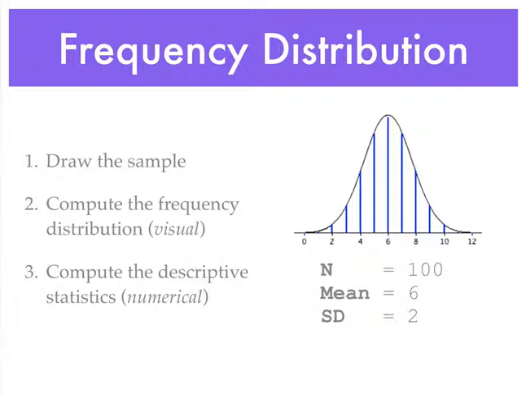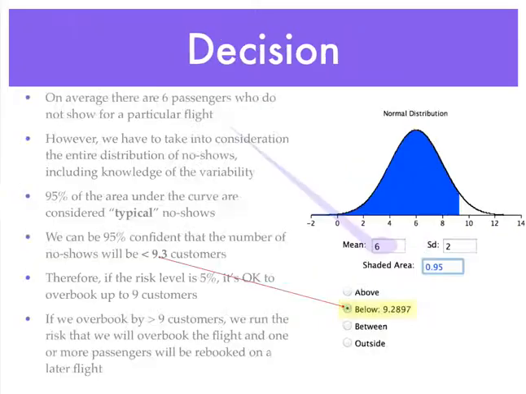In this situation, we drew a sample of 100 scores, or 100 different situations of no-shows for particular aircraft on a particular route at a particular time of the year. We computed the mean of 6 and a standard deviation of 2. So that's what describes that distribution of scores.